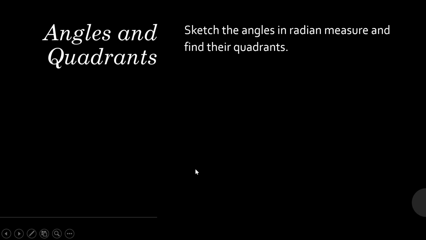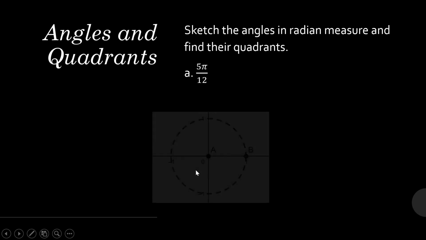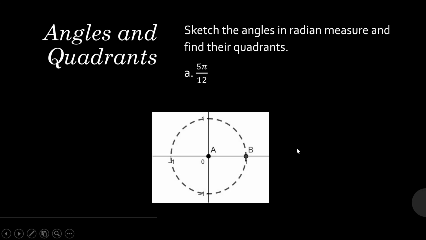Sketch the angles in radian measure and find their quadrants. 5 pi over 12. So what do we do? Well, 5 pi over 12 is less than pi over 2. So we are sure that this angle will fall in the first quadrant. So what you can do is you can divide a pi into 12 equal parts. But we don't have to do that. We can just focus on the first quadrant.